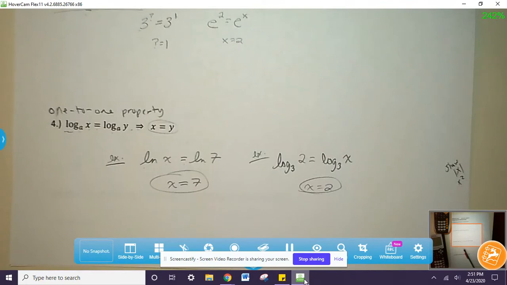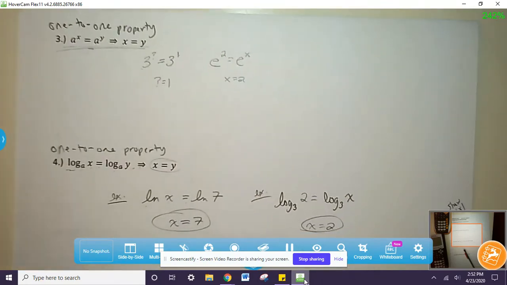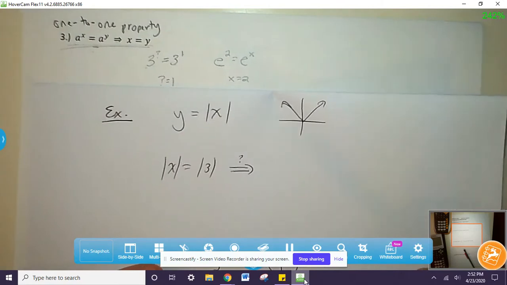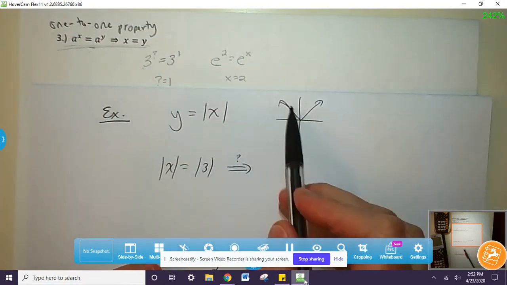And just to let you know why these are considered properties and why we bother to discuss them, it's because this idea does not work with every single function. So for example, let me show you a function that this doesn't work for. So you see y equals absolute value x. Here's my absolute value graph.